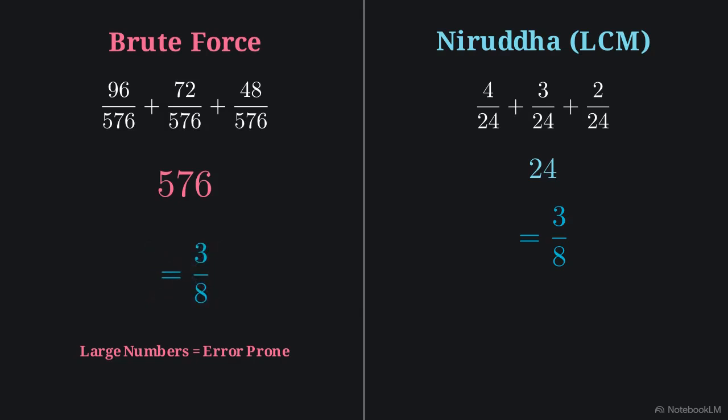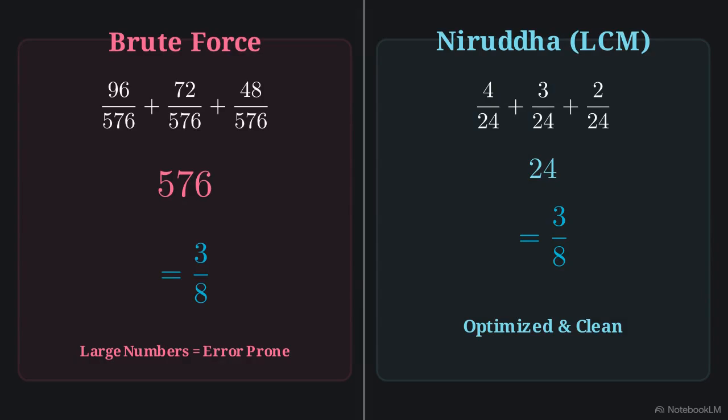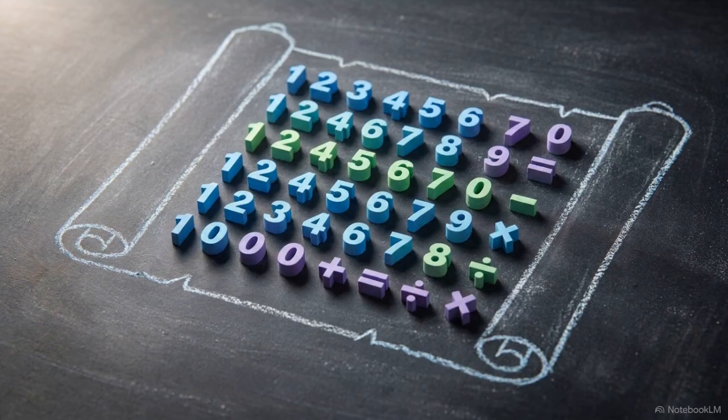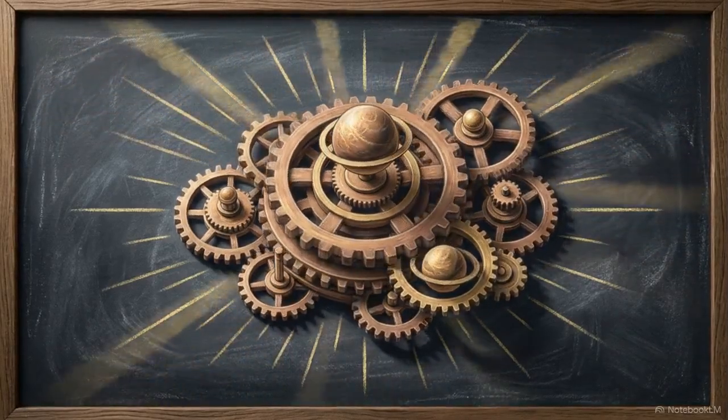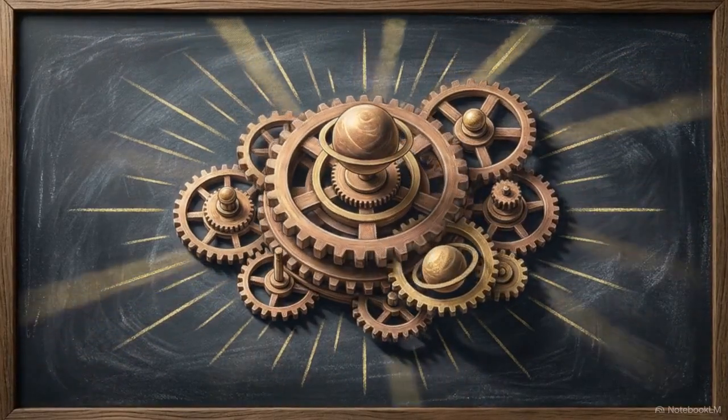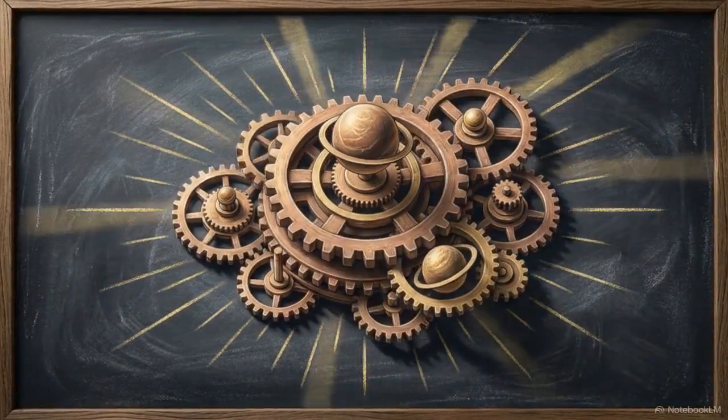The answer is identical to the bloated calculation on the left, but requires a fraction of the computational effort. Niruddha, known today as the least common multiple, didn't change the underlying mathematical truth. It removed friction. It allowed complex mathematical systems to scale up without collapsing under the weight of their own arithmetic.